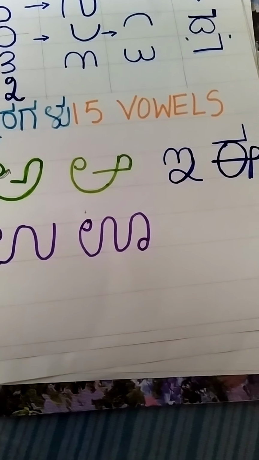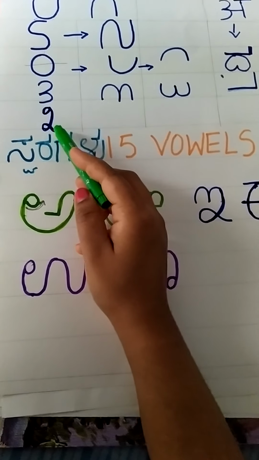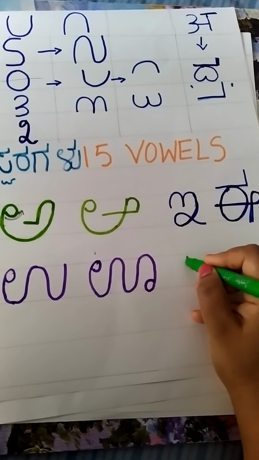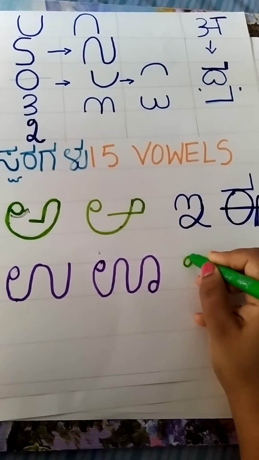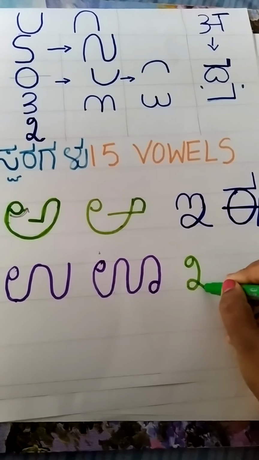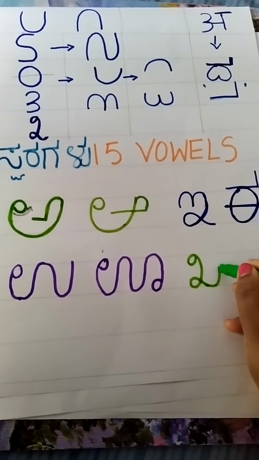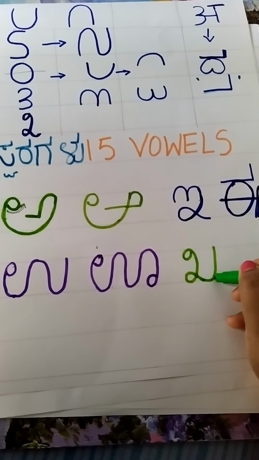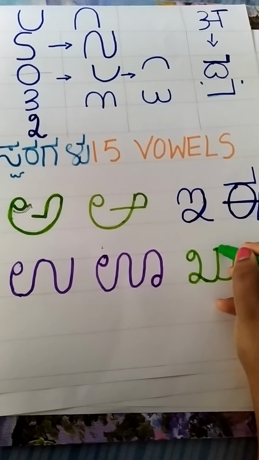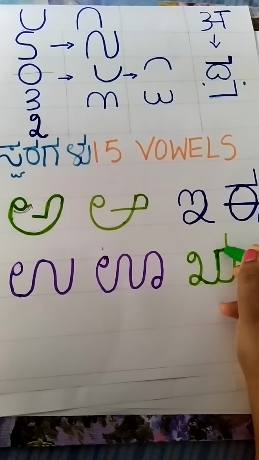The next letter is Ru. I had taught you the shape too. Same way, you write two, see here, and you have to turn it, go up, again from down one more curve, go up, and talekattu.